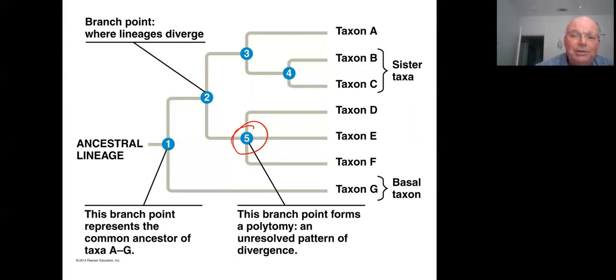So a taxon is a group of individuals that share common features. And so you can have taxons at any level. You could have a taxon at the kingdom, you can have a taxon at the family, you can have a taxon at the genus level. Obviously, you can't have a taxon at the species level because that's not a group, it's individuals.